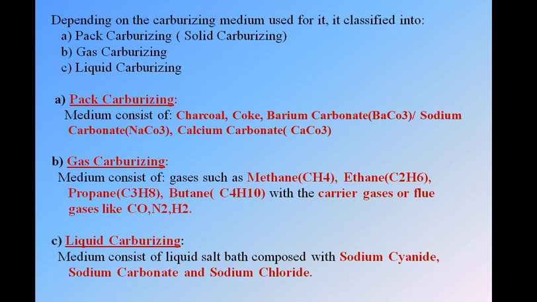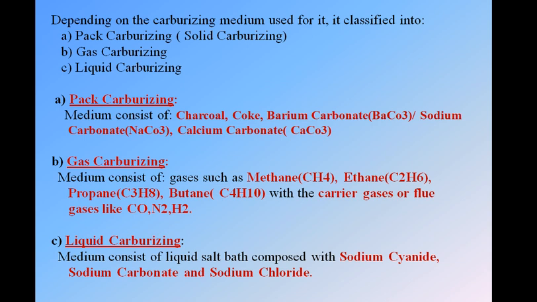If that medium is a solid one, that is called pack carburizing. That medium consists of charcoal, coke, that is dagdi kolsa, coke. Then barium carbonate, BaCO3, that C will be carbon. Next we have sodium carbonate, NaCO3, that C will be the carbon.